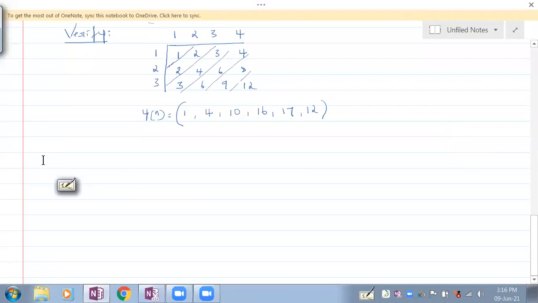Let's see another problem on convolution sum. So the second problem says: obtain the convolution sum of the following sequences.